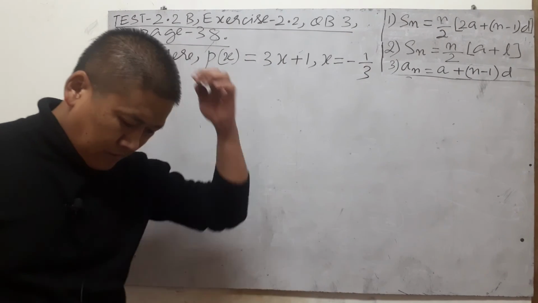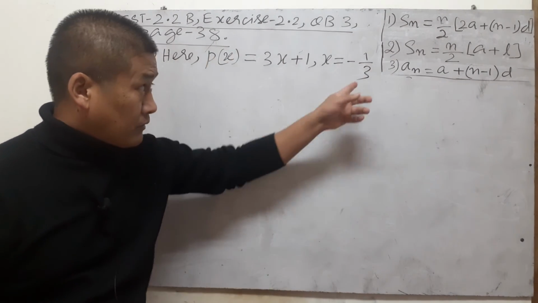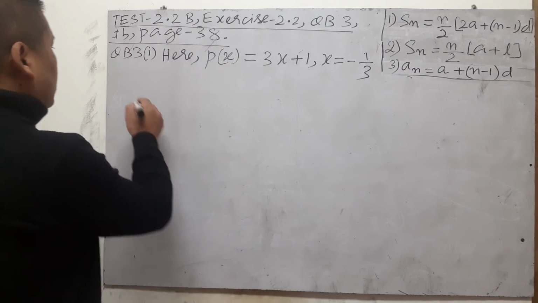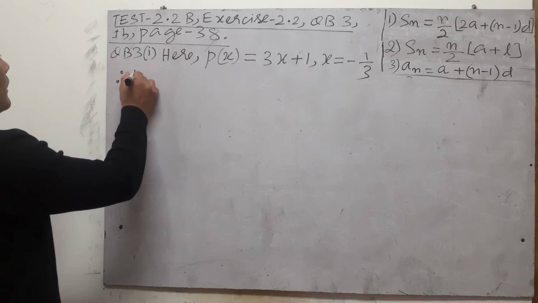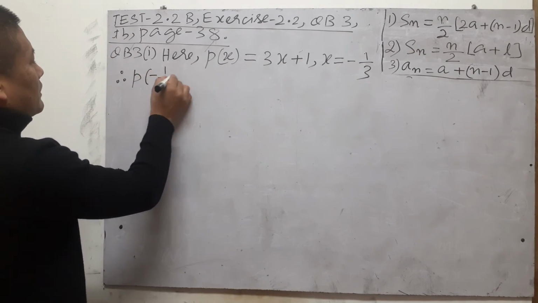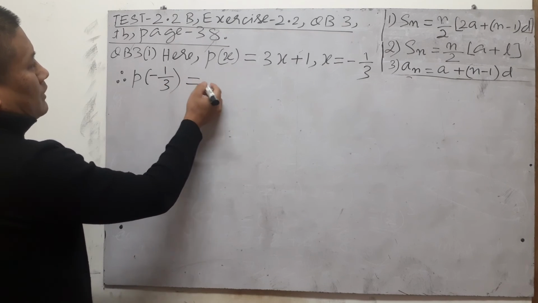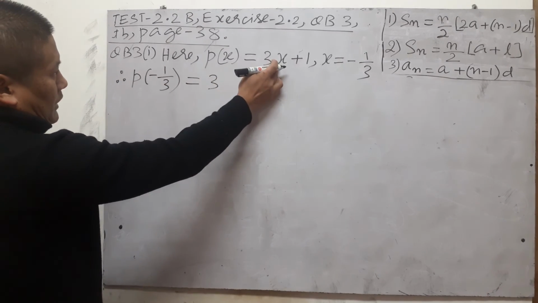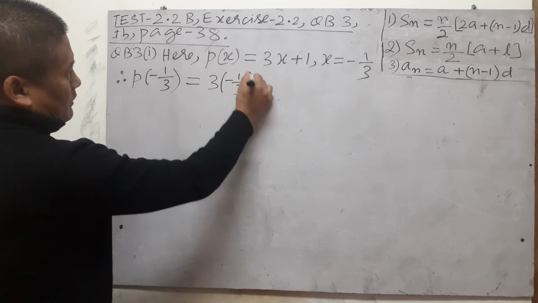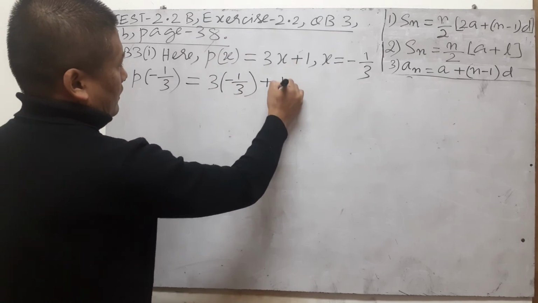Same thing only. Minus in the middle of the dash means it's on the numerator. So next here, therefore, the x value is given as minus 1 by 3. So minus 1 by 3, let us check for that. And 3 into x therefore is minus 1 by 3 and plus here 1.